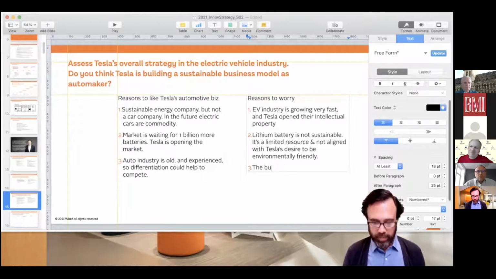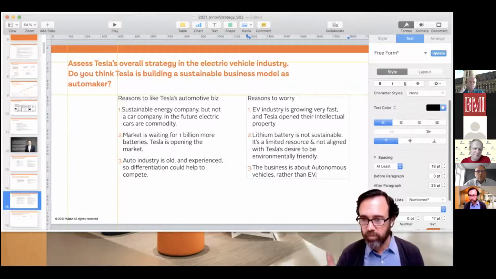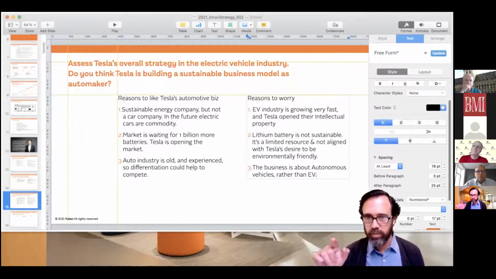So basically, the business is about autonomous vehicles rather than electric vehicles.